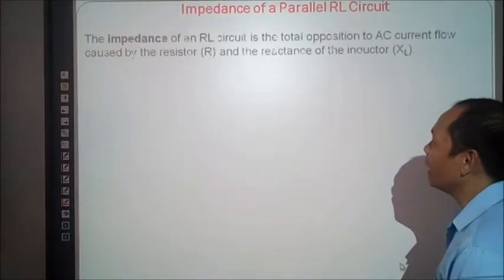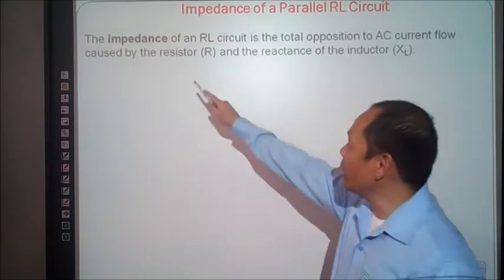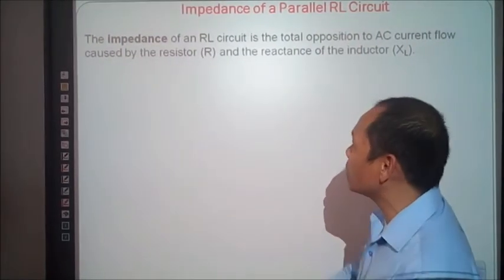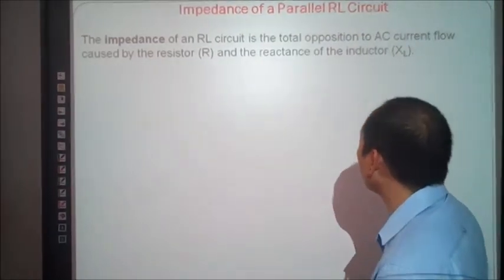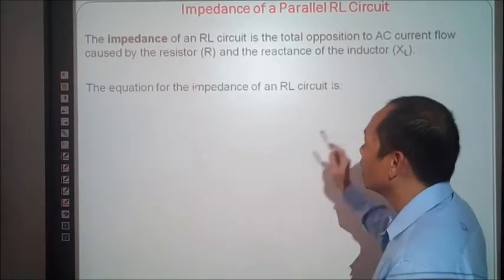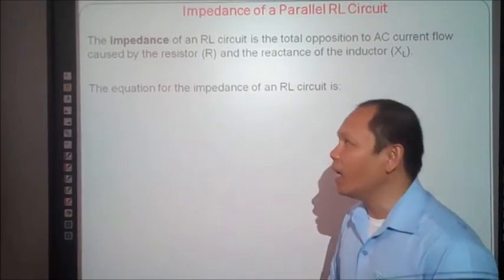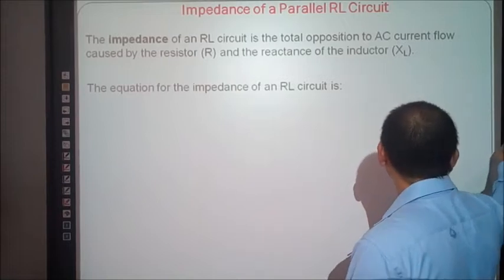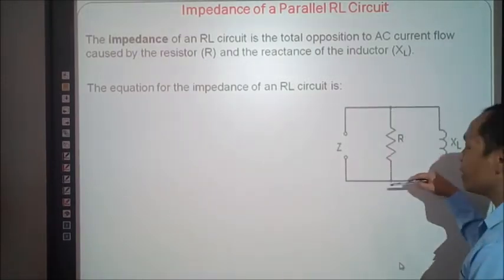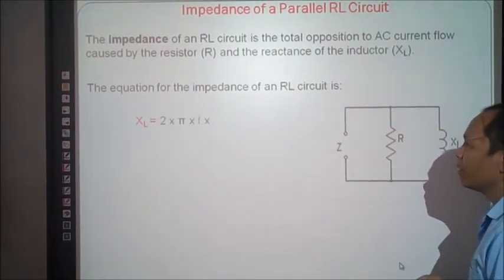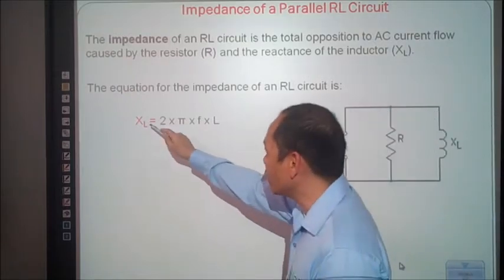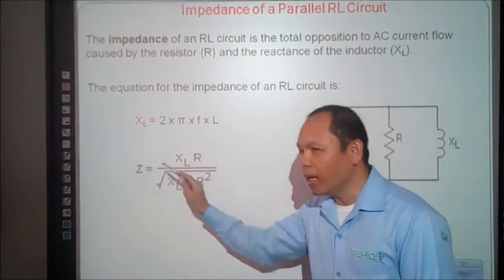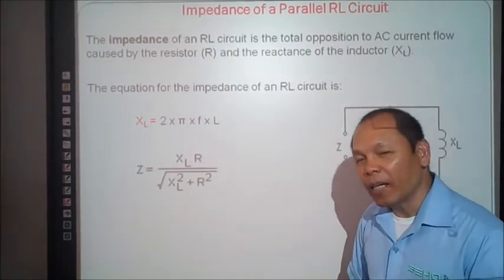Okay? So parallel. The impedance of an RL circuit is the total opposition to AC current flow caused by the resistor and the reactance of the inductor. Now the equation of the impedance of an RL circuit in parallel. So this is the circuit of parallel. First you're going to solve for XL, then you can solve for the impedance.